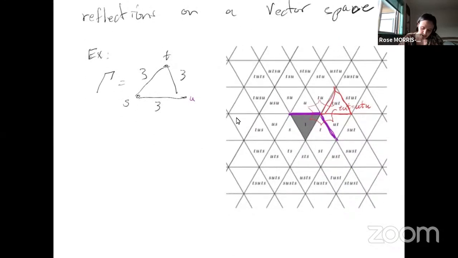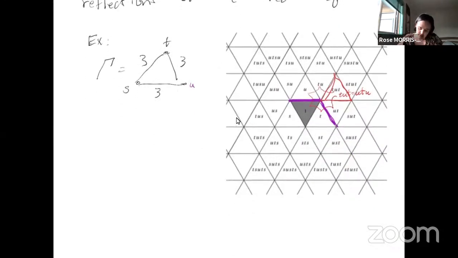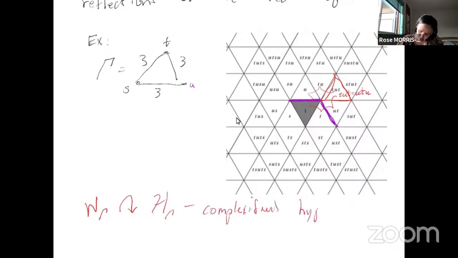And then the point here, so first of all, I've just got my Coxeter group in the picture so far. And then the idea here is my Coxeter group has a group action not only on this vector space, but on what is usually denoted H gamma, which is the complexified hyperplane complement.